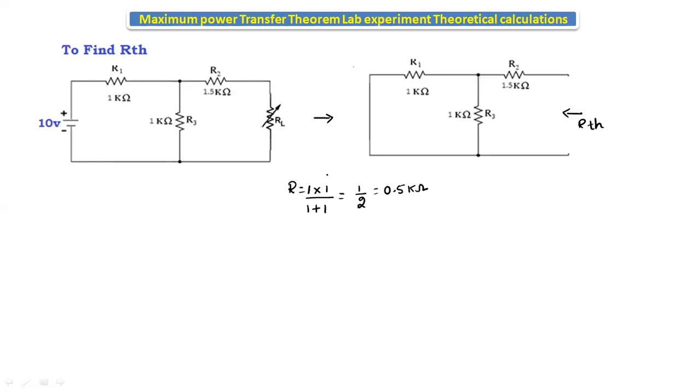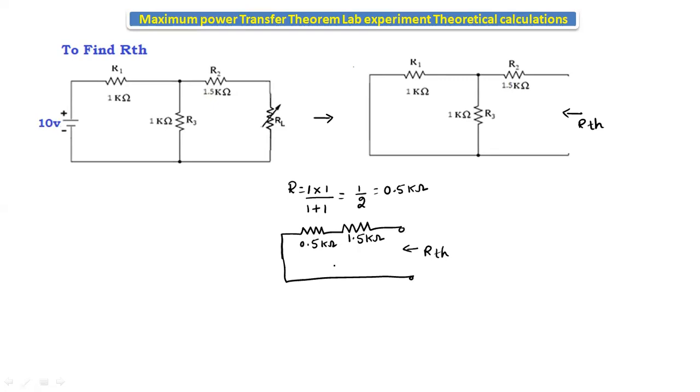By using the parallel operation, we are converting two resistors into one single resistor. So if we draw the diagram, this is RTH. It is 1.5 kilo ohm and it is 0.5 kilo ohm.